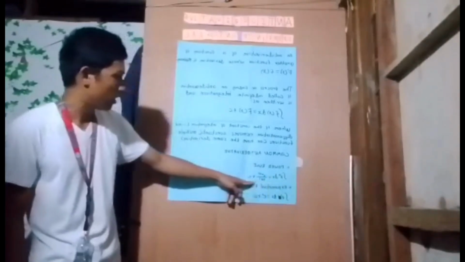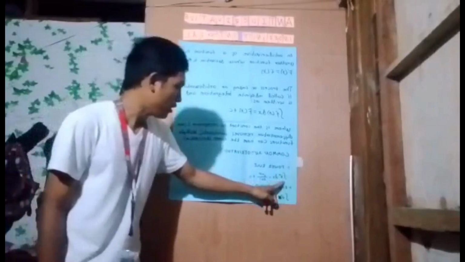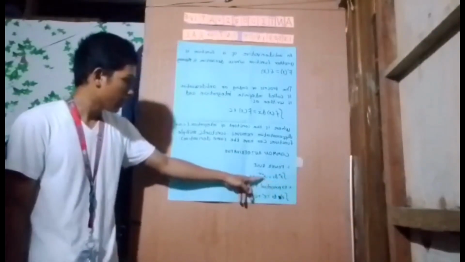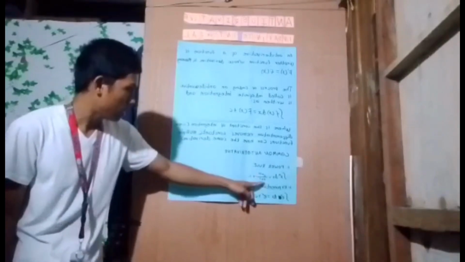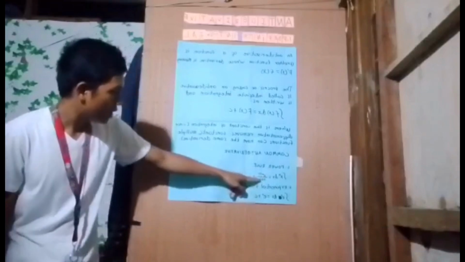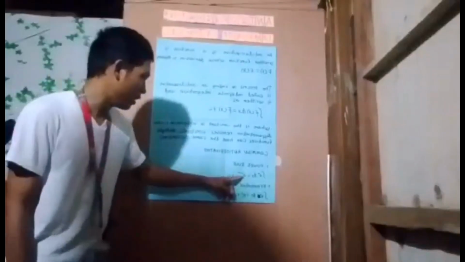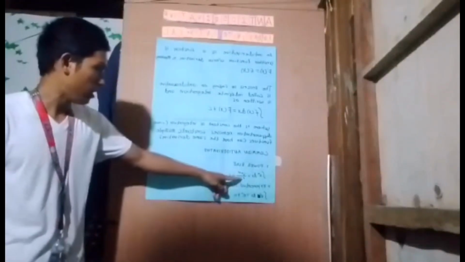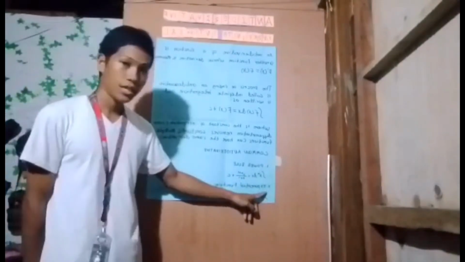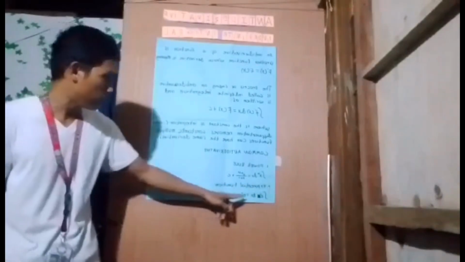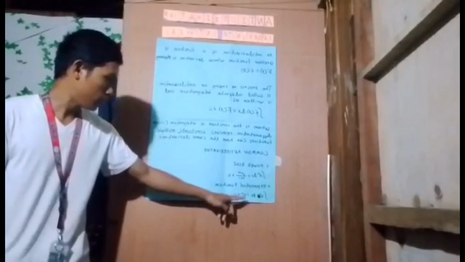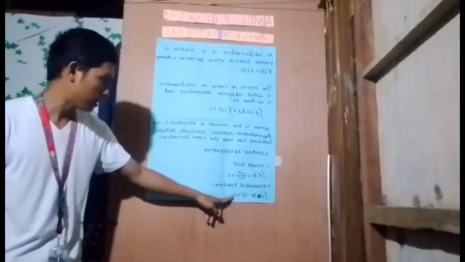This is the formula: the integral of x to the power n dx equals x to the power n plus 1, over n plus 1, plus C. Second is the exponential function: the integral of e to the power x dx equals e to the power x plus C.